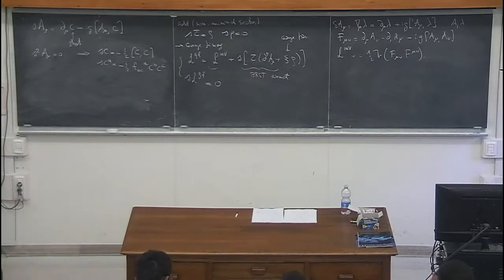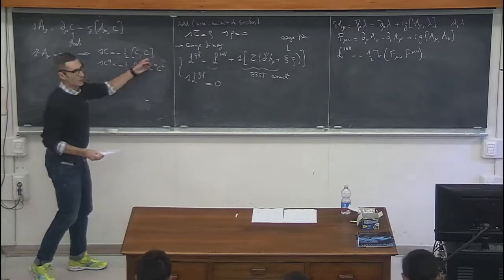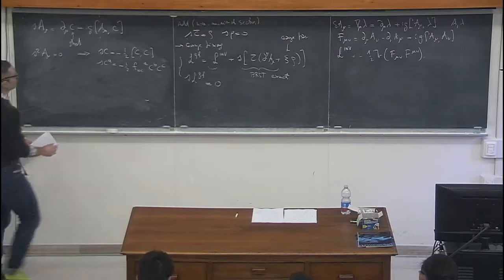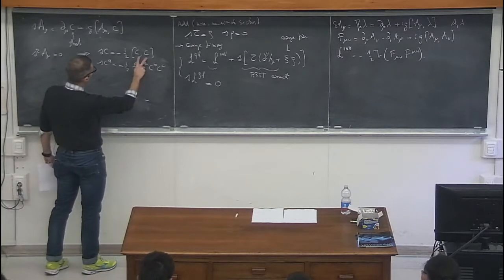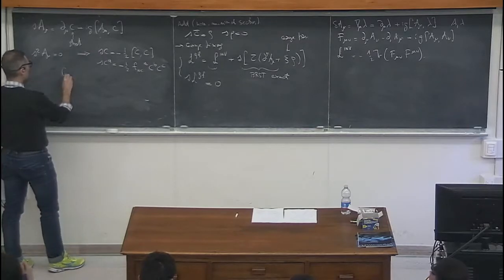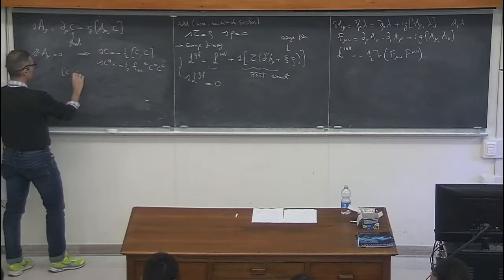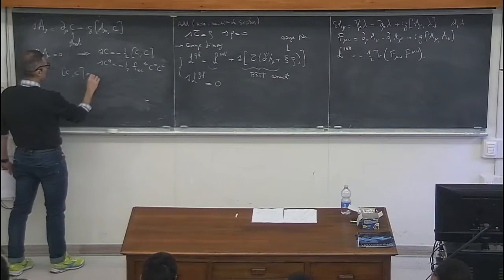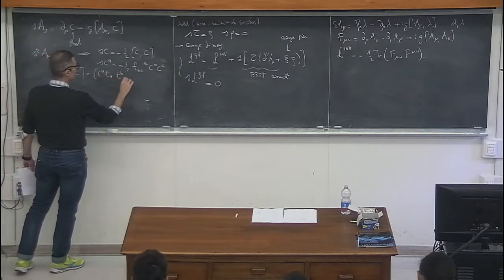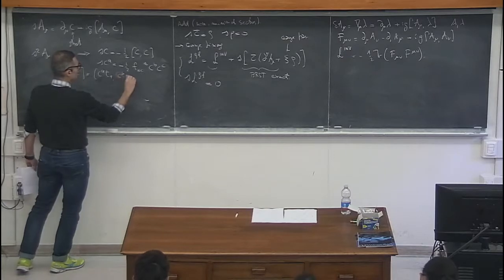But you can write it down also using the commutators here. You remember that when you have a commutator, if you write down the commutators, it happens the following. So I can write it like c^A T_A, c^B T_B.